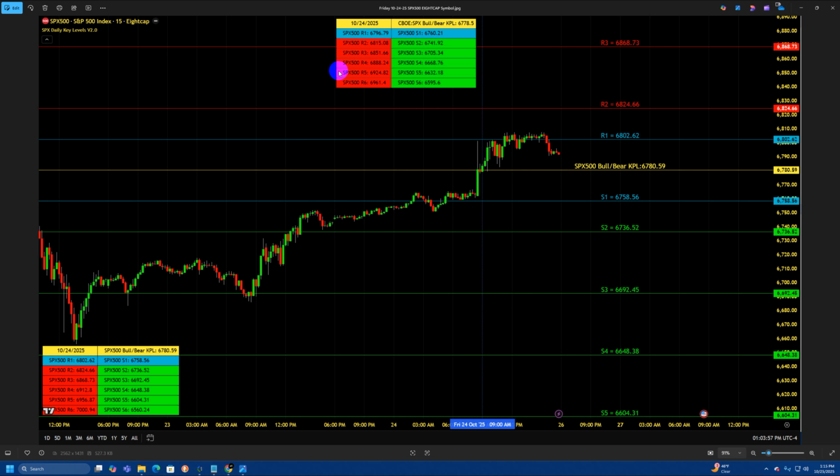Via this table you can get a 30-minute jump on the session for trading SPX index options by seeing what the CBOE SPX levels are.